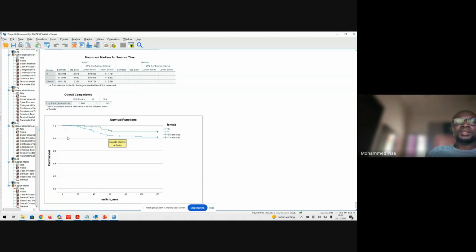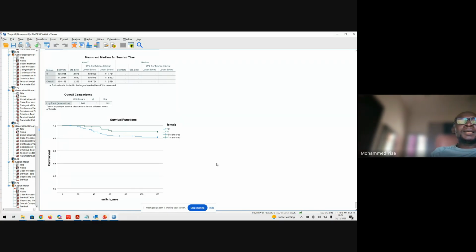If you trace it to this point, it would be like, I don't know, 0.81 or 82, whereas here you'd have 0.9 probably. So that's kind of how you would interpret it.